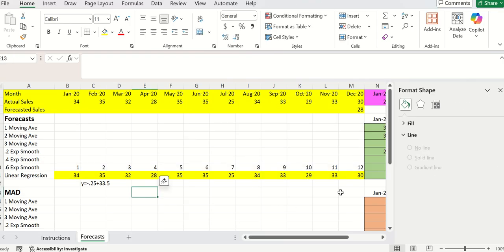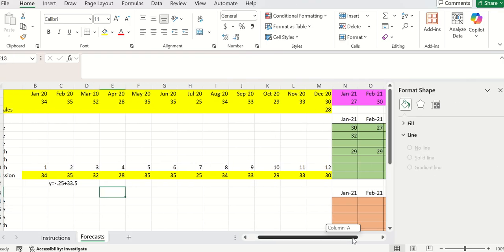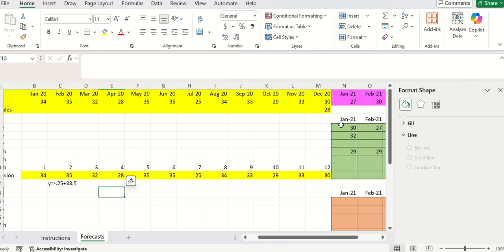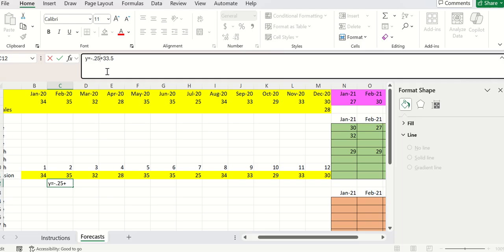If I want to forecast for January, based on this timeline, you can see January is the 13th time period, right? Oop, you know what I forgot to put? I forgot to put my X in here, because X tells me what point we are in the time series.